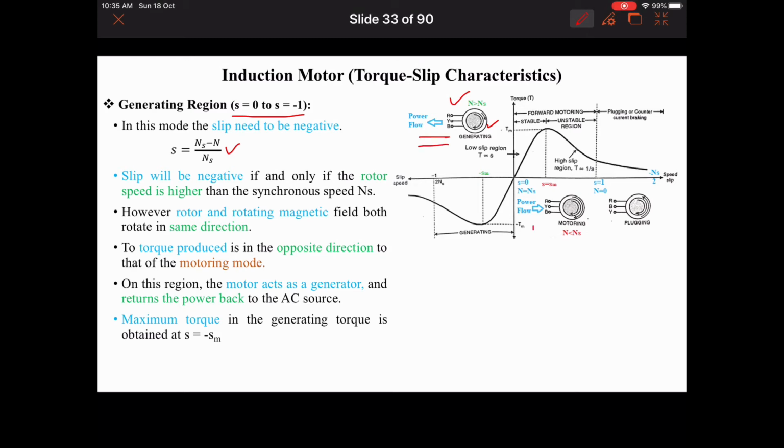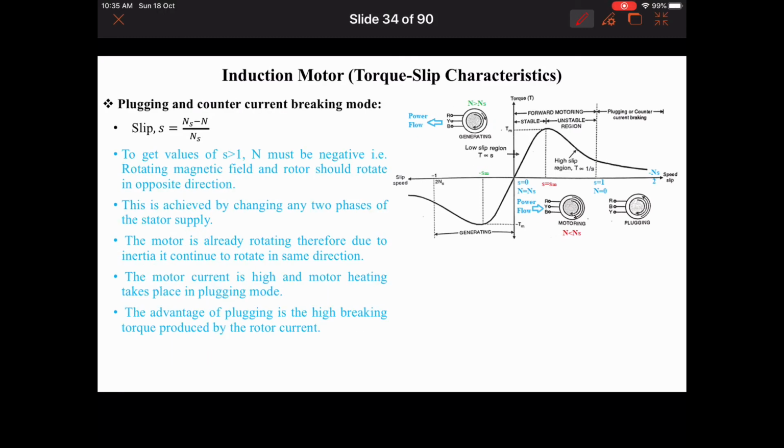In the motoring mode, the machine consumes power from the AC source, while in this mode, when n is greater than ns, the motor starts supplying power to the AC source. Maximum torque in the generating mode is obtained at s equal to minus sm, as we can see here.